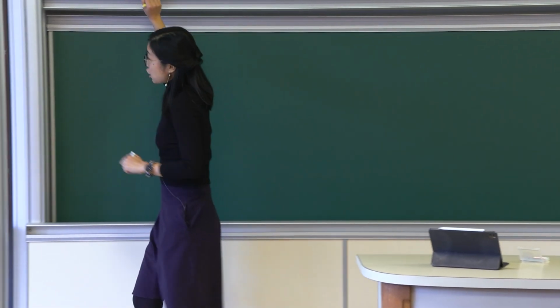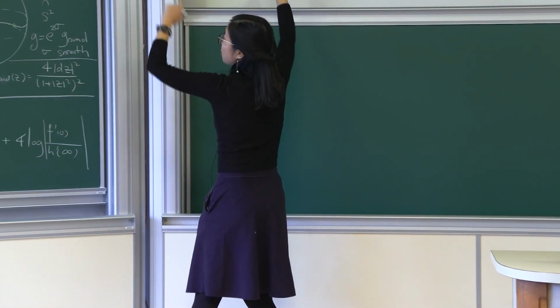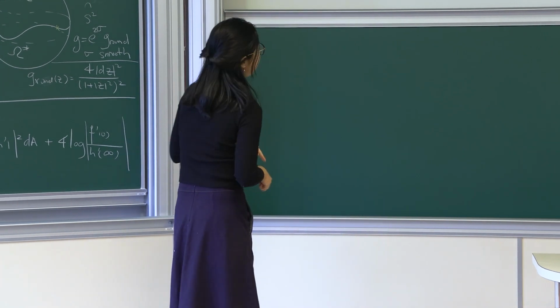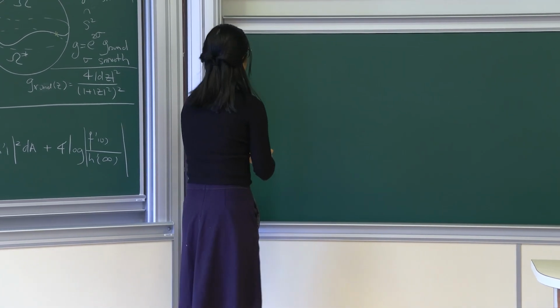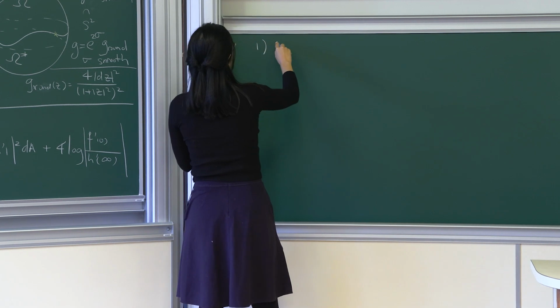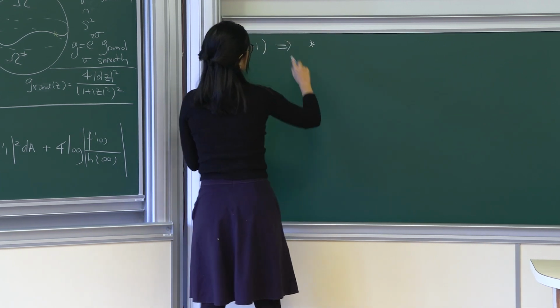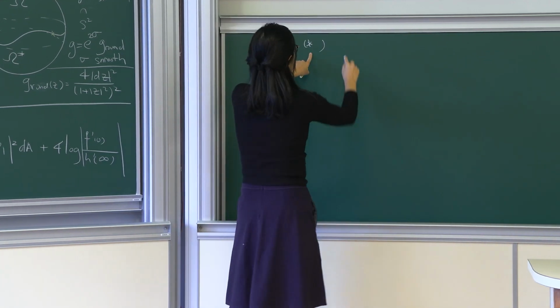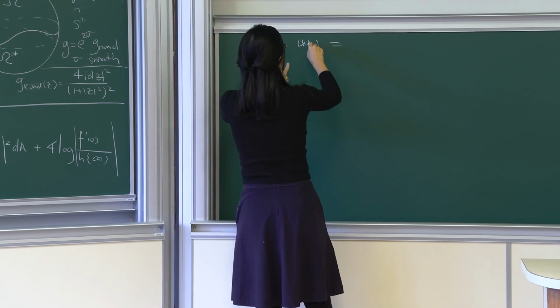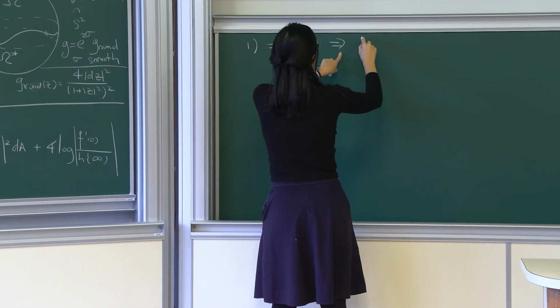Actually, this expression is not hard to show if you know the first one. So the proof will be: I'm going to show you how 1 implies the double star, and I will use the second double star, and this will imply 2.